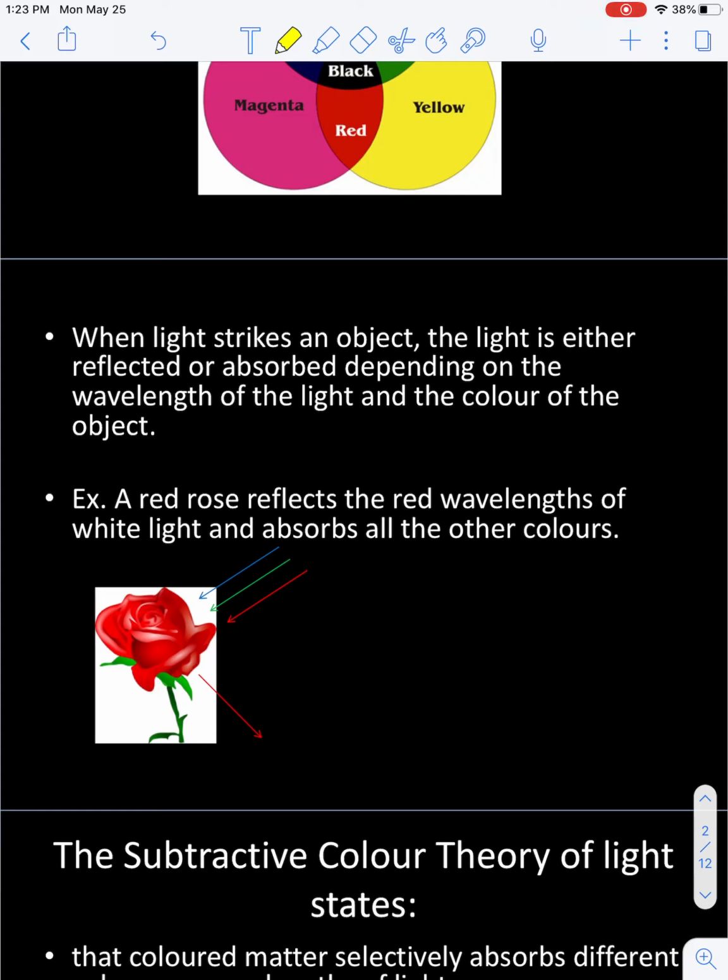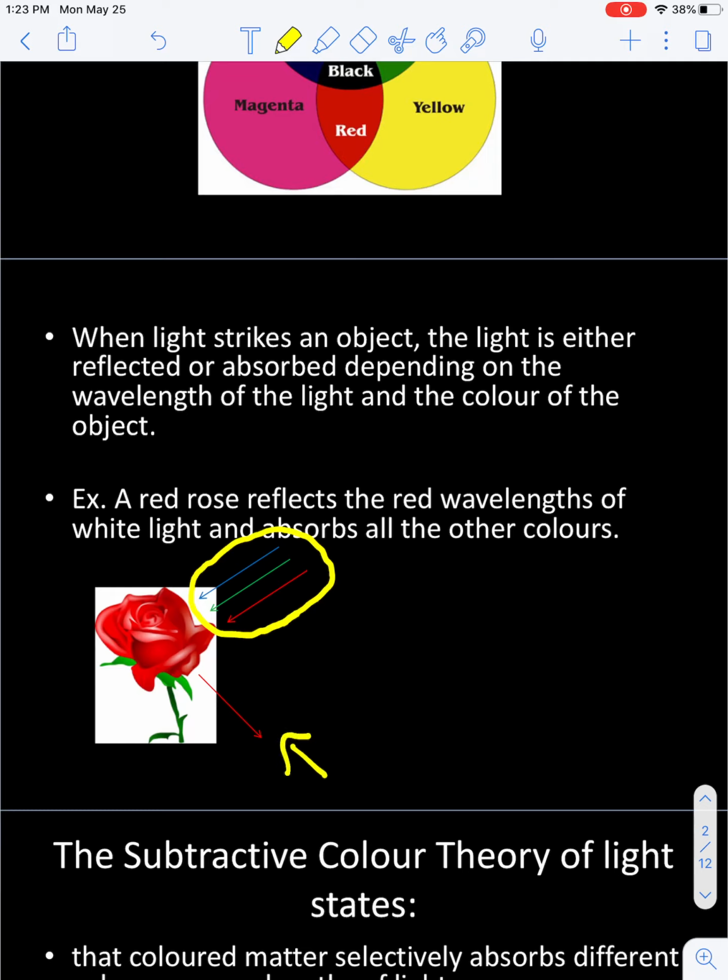Let's look at a red rose. So if you look at basic white light hitting a red rose, and you have to understand white light is actually a mixture of blue, green, and red light combined. When blue, green, and red light combined hit a red rose, the color that we see is red because only the red light is reflected off and into our eyes.